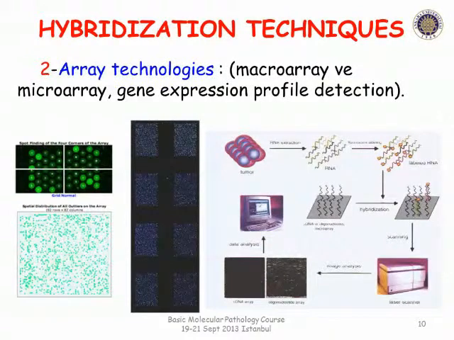In the array technologies, you have to scan the hybridization information with sophisticated scanners, and the interpretation is also done by these scanners and by sophisticated software. You need to know a lot of statistics in order to interpret the results. And you have to be very aware of which tissue or which material you were using in order to interpret the results. Otherwise, it's going to be a mess.